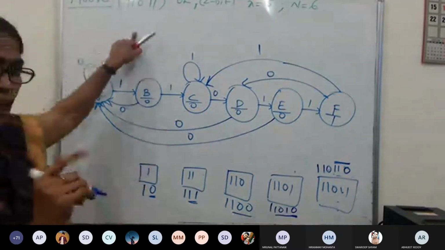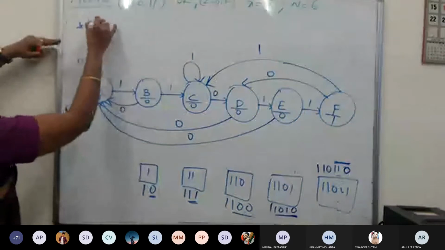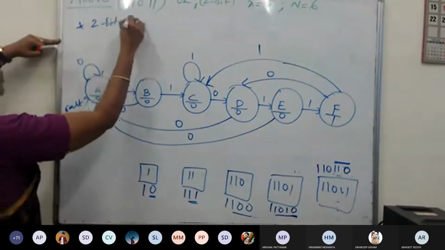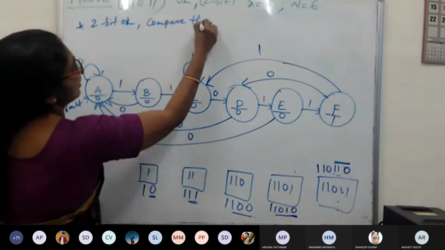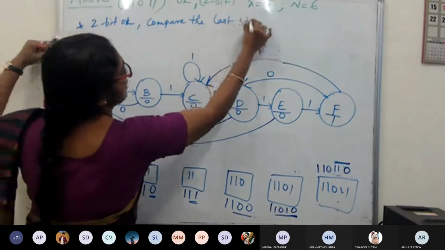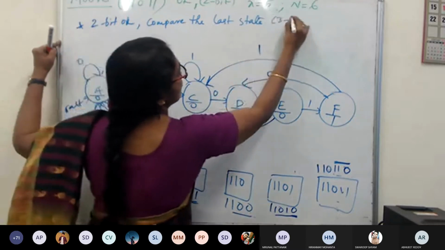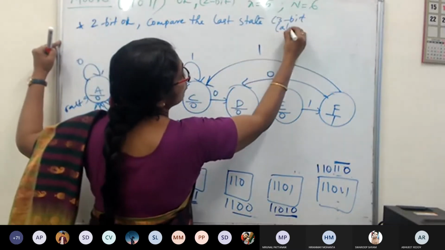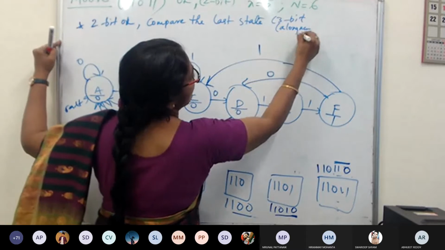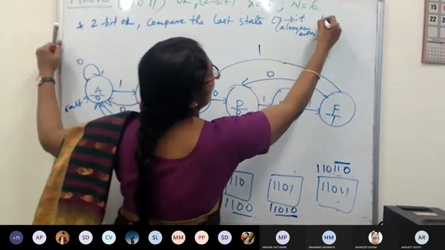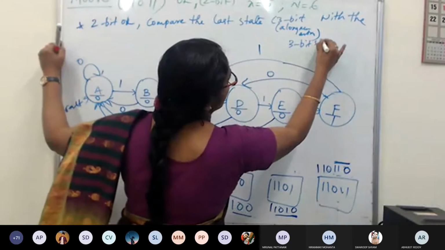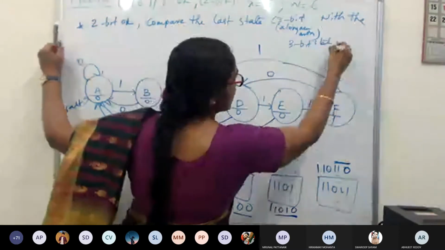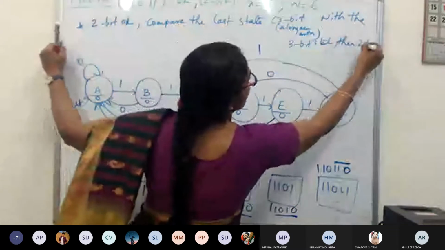Okay, so for Moore, please take down 2-bit overlap. Compare the last state. 3-bit means along with the new entry. It's already understood now. 3-bit with the 3-bit state. If it mismatches, then 2-bit.